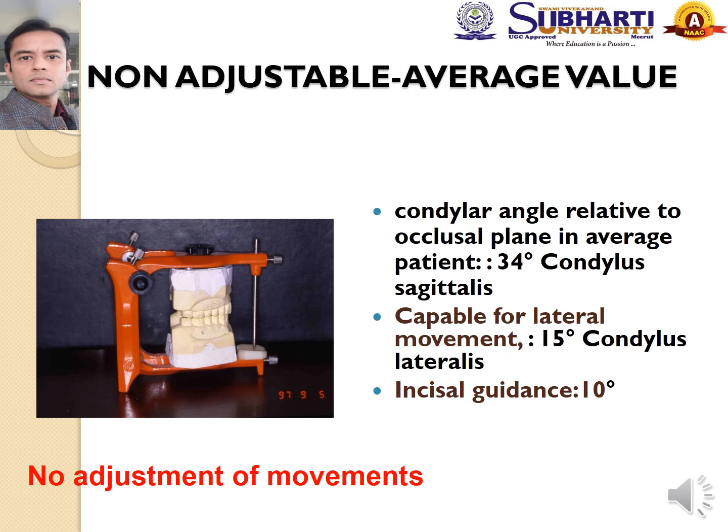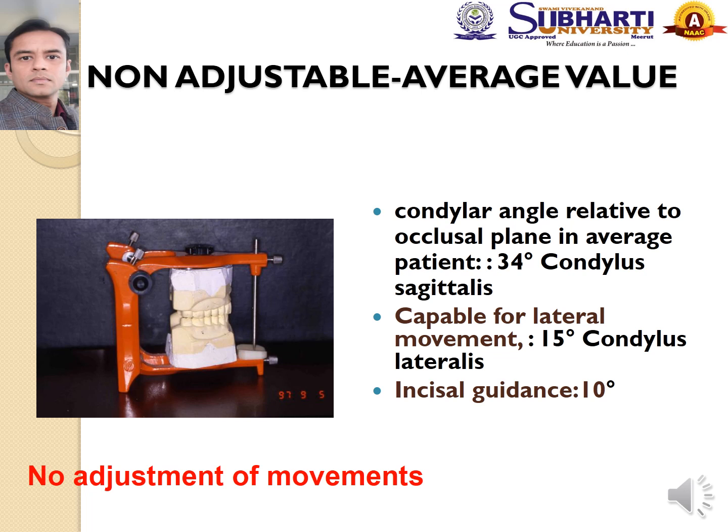Let me be very clear. In type 1, we are only capable of having opening and closing. Then we have these non-adjustable articulators. We can open and close, and we have slight condylar guidance, slight incisal guidance, slight lateral guidance, but they are fixed.